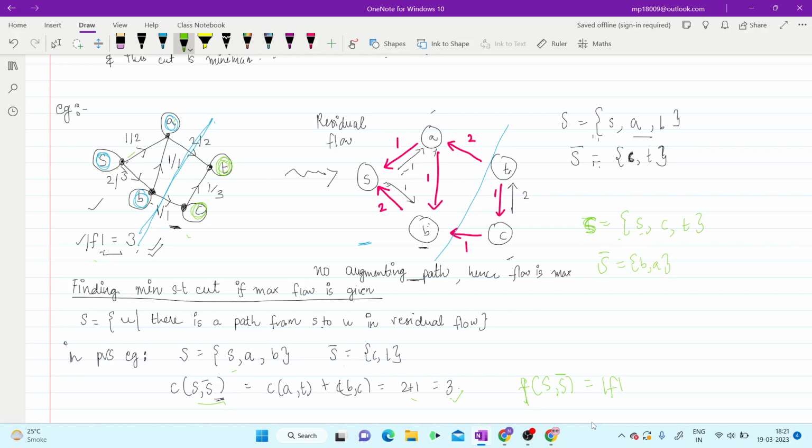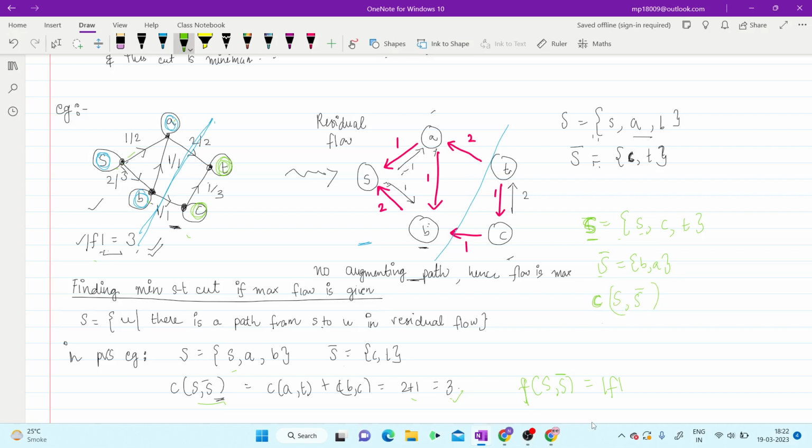So let's see if it is the case. If we are looking at the capacity of this cut, S, B, S, A, C, T, so this is our new S. So what is the capacity of this cut?